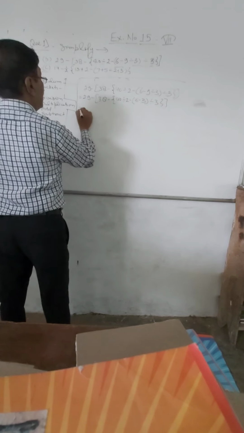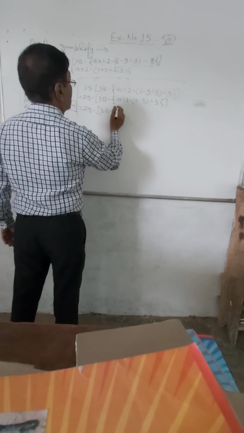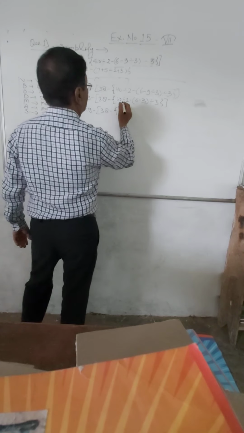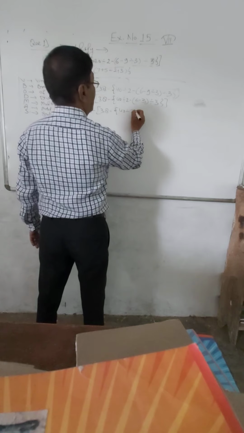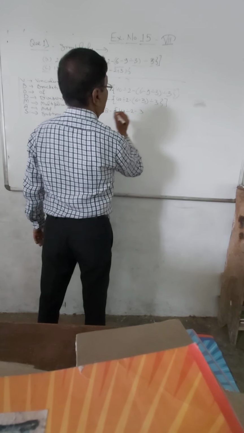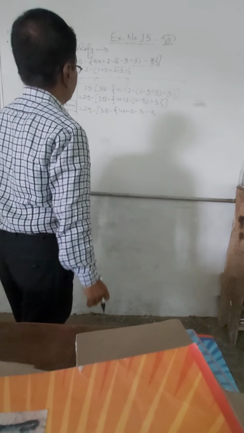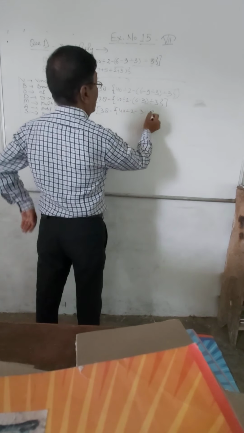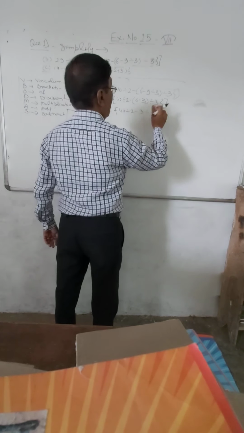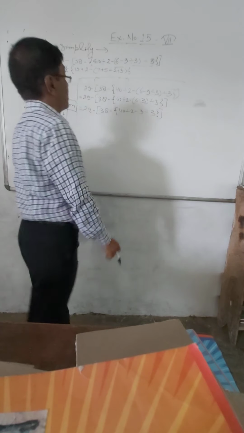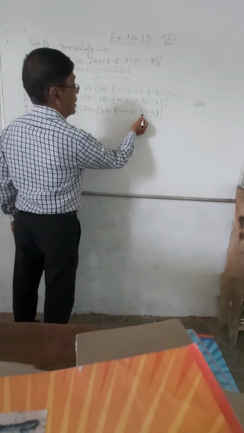This again 29 minus 38 minus 40 divided by 2 minus 6 minus 3 minus 3 divided by 3. So again it has become in this form. This is the curly bracket. Now one division is here, other division is here.